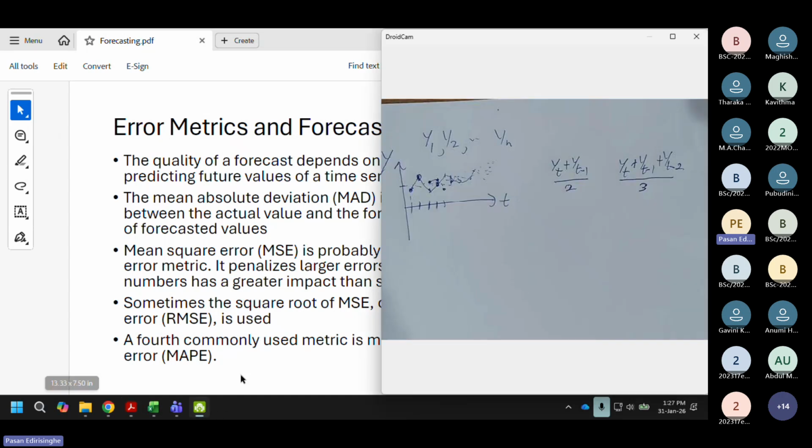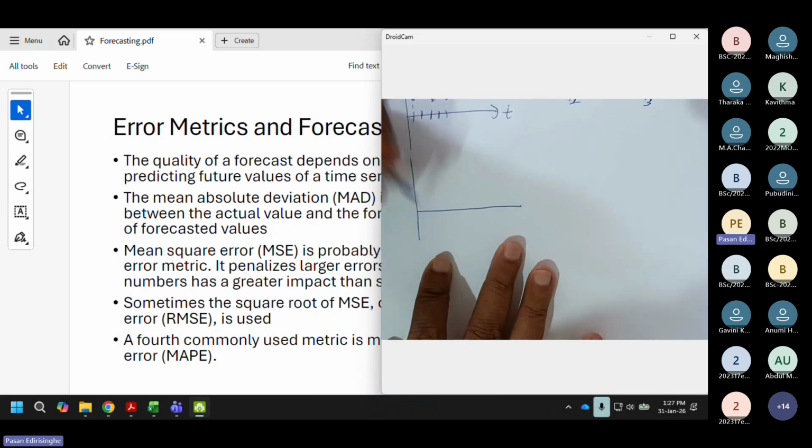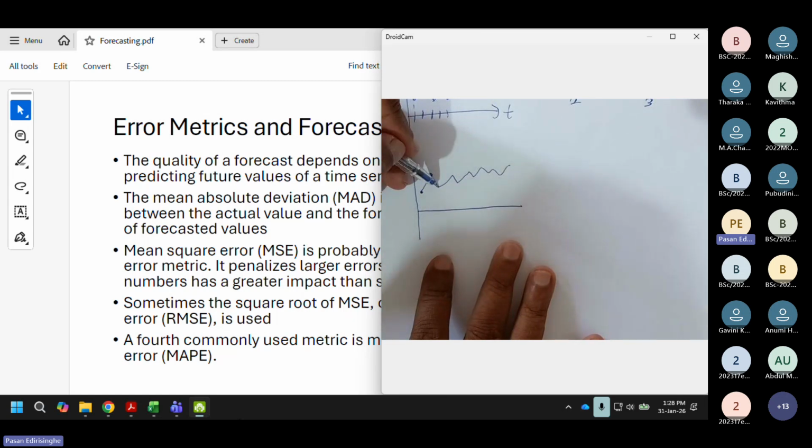So basically, what happens is, whenever I have some time series that goes like that, these are my observed values, right? If you start from k equal to 2, then for this value your predicted value will be somewhere here, right? And for these two, the predicted value might be somewhere here, and so on.